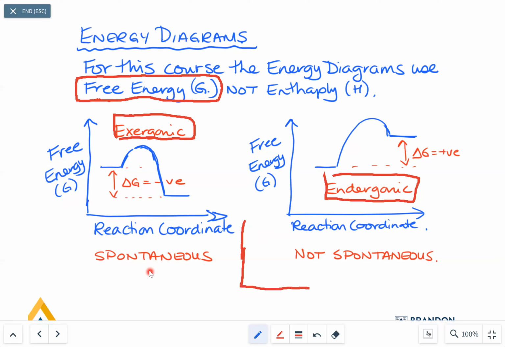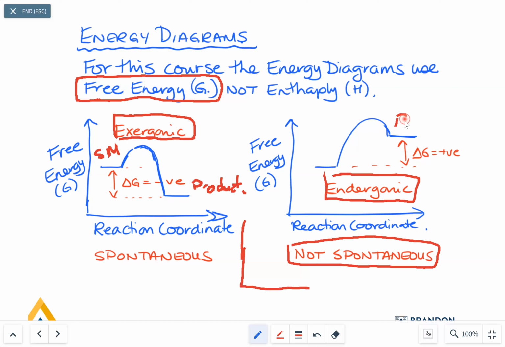So for a spontaneous reaction, our products are going to be lower and our starting materials are going to be higher. And there's this little hump in the middle here. There's always some sort of activation energy that's required to get this process to go. Sometimes these are very high, sometimes they're lower. For a reaction that's not spontaneous, you would be moving uphill. So there'd be some sort of activation energy and your products would be over here.